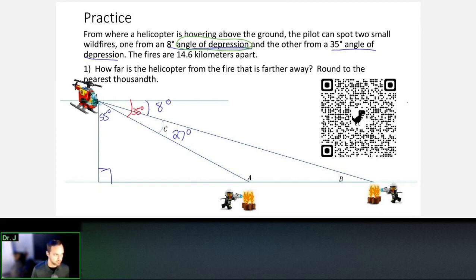How did you find this angle? There are two ways to do it. Both ways are correct.